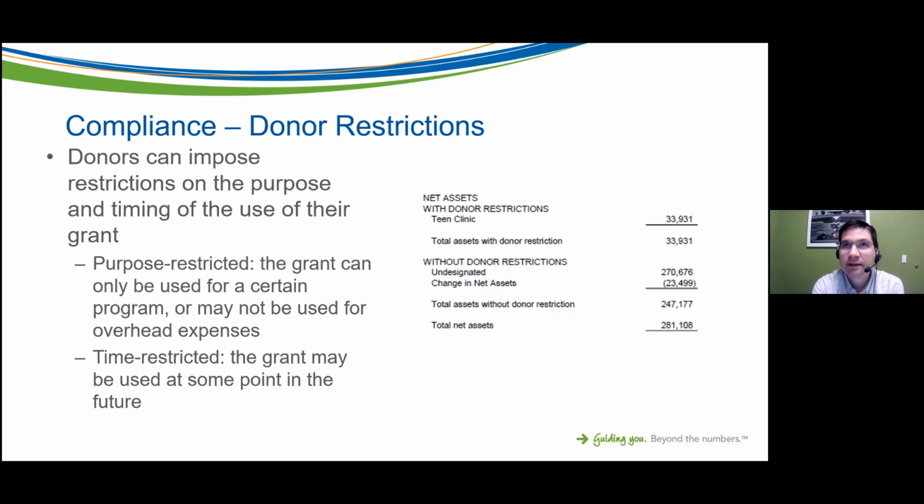Those are things that you need to be cognizant of when looking at grants and if they're reasonable for your company to fulfill. And then time restricted is just that. The grant may be used at some point in the future, but they are giving the funding now.